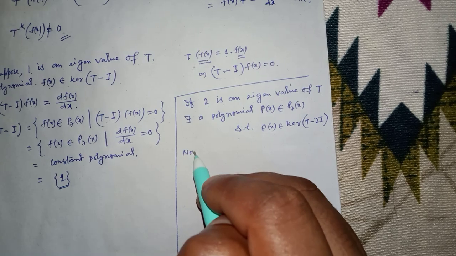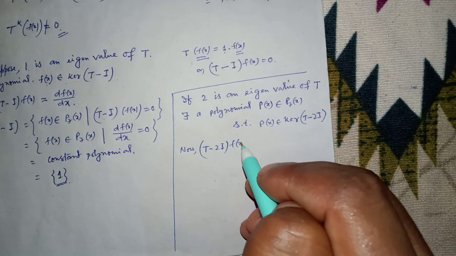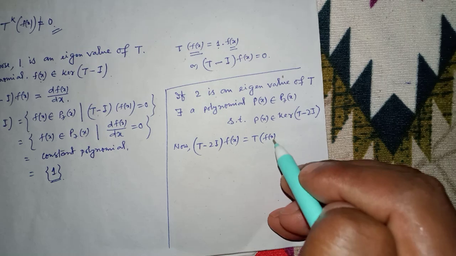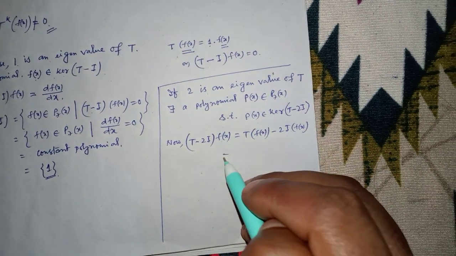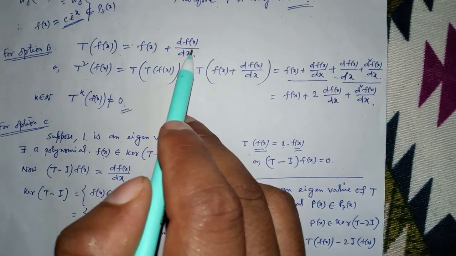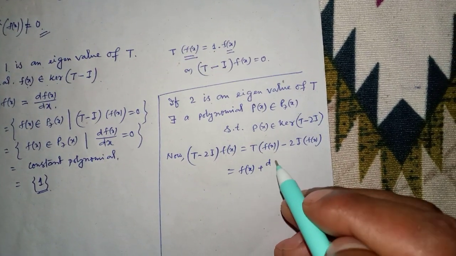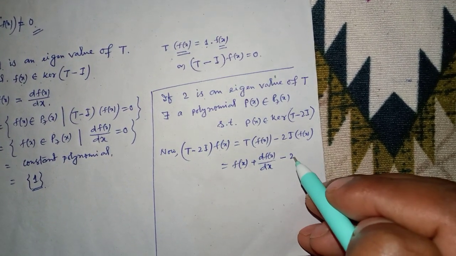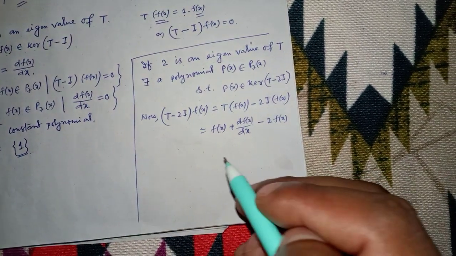Now (T − 2I) of f(x) is equal to T of f(x) minus 2I of f(x), which is equal to f(x) plus df(x)/dx minus 2 f(x), because I is the identity linear transformation.